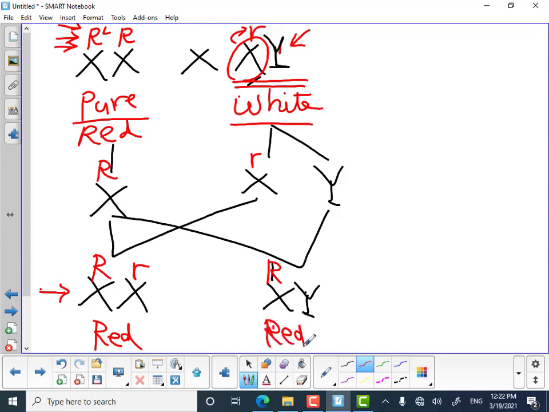For that, the first generation will be 100% of the dominant character, which is the red color.